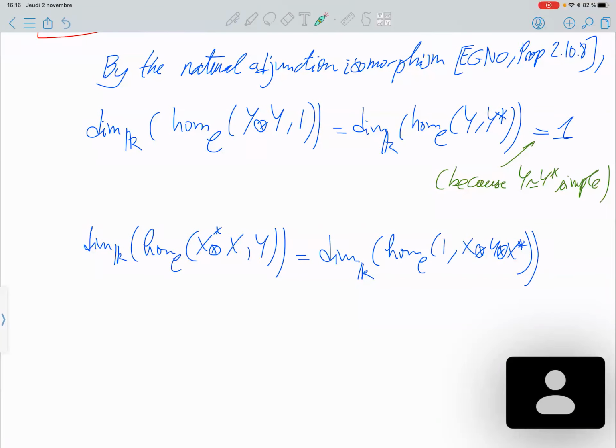So you move this here, you move this here, you multiply here, you should have X double star here and X star here, so that's okay.